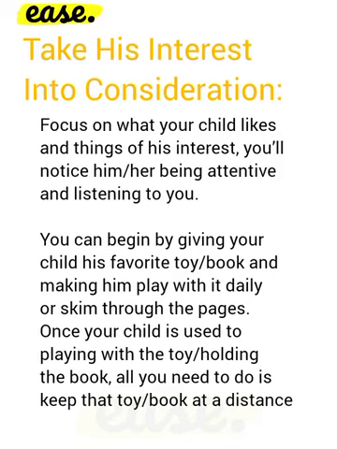So once your child is used to playing with the toy or holding the book, all you need to do is to keep that toy at a distance from your child, someplace where your child can reach it easily.